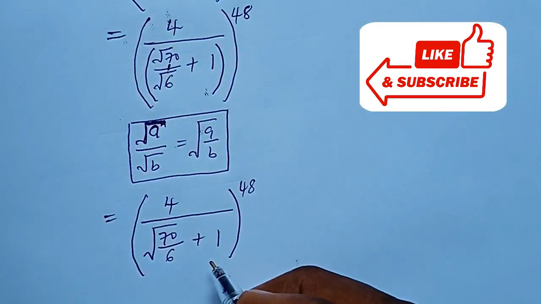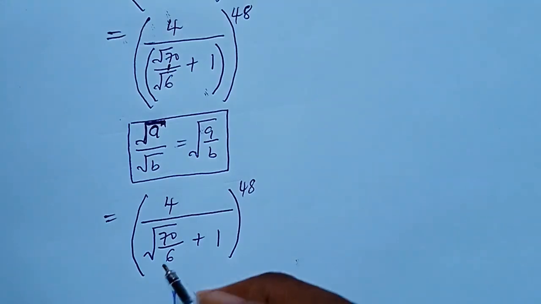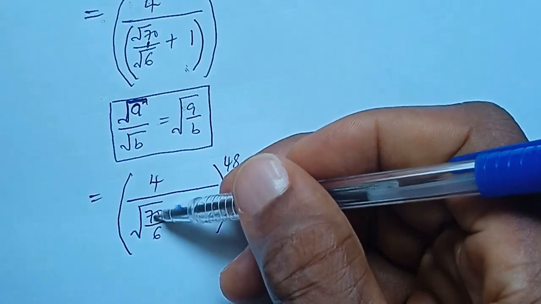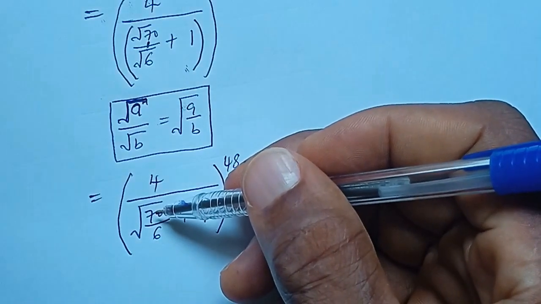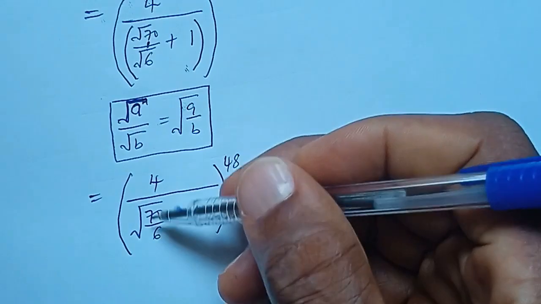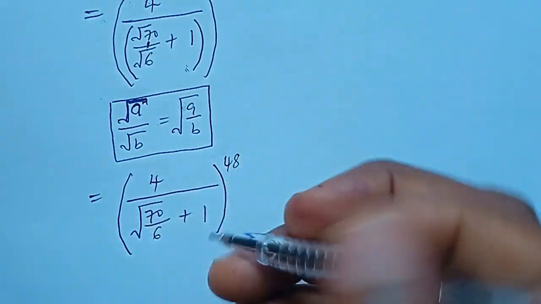Likewise, we can go ahead and simplify what we have in this square root. We can simplify 70 over 6 that appears in this square root.